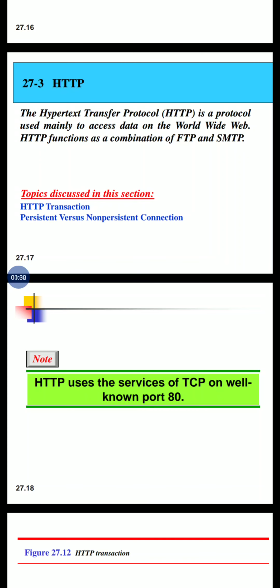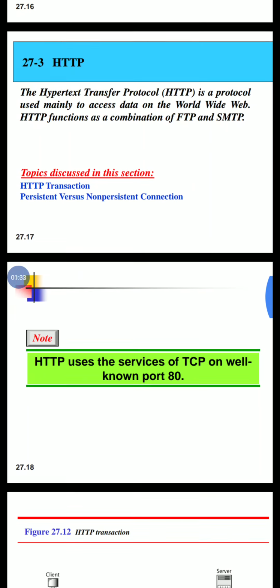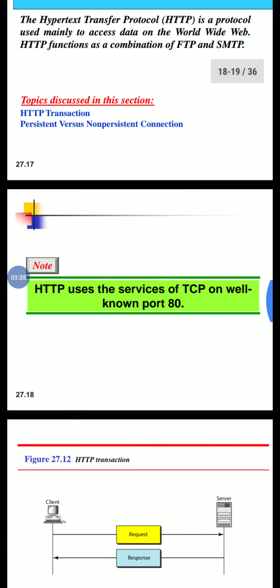Because it is the well-known port for the web server. We can have the web server running in a network with port number 80, but if you have multiple web servers in the same network, then you have to change the port number in the configuration file.